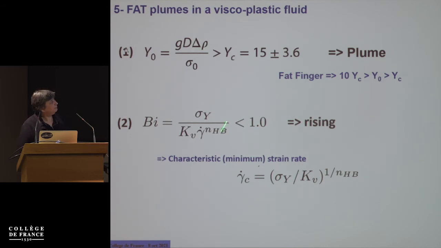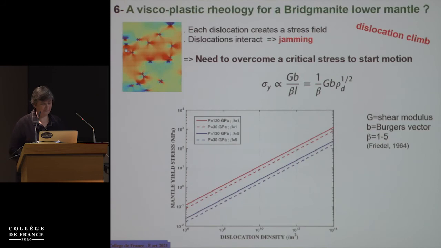And if you balance those two, we see that we have onset when this Bingham number is equal to 1. So it gives you the characteristic minimum strain rate in your system. And typically, we saw that the strain rate in the system, in the areas that are moving, is between this value and about 10 times this value. And it depends only on the parameters of your rheology.